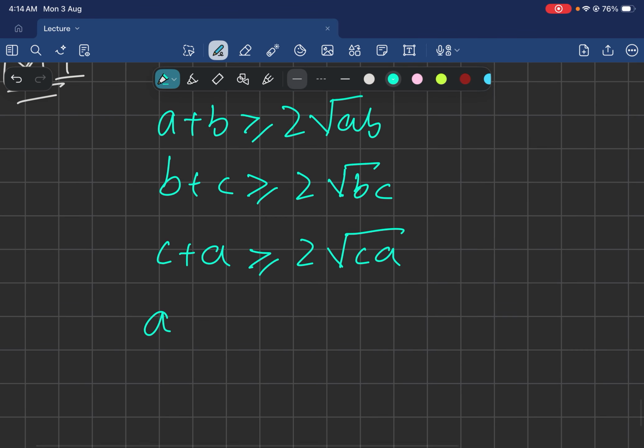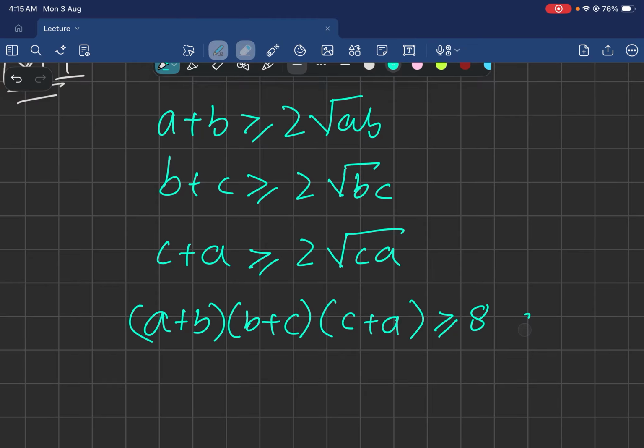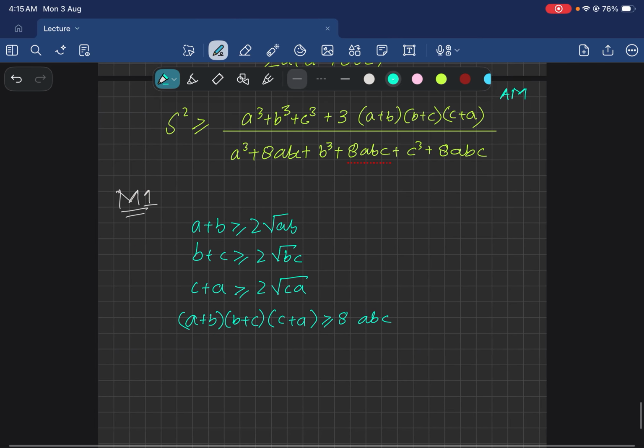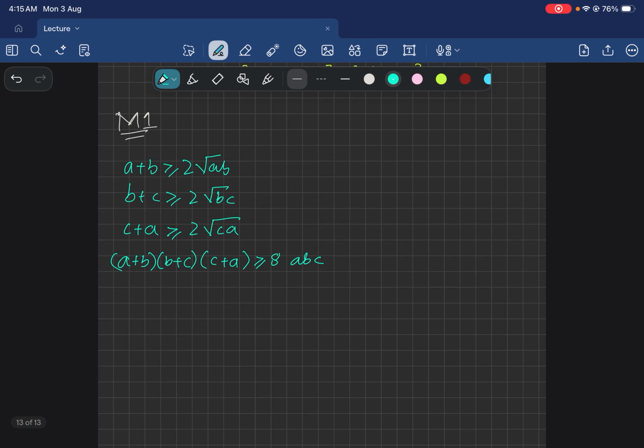So when I multiply all these, I get a plus b into b plus c into c plus a, and then you will get something like a square b plus b square c, a square c, b square c square, and this will leave me with 8abc, right? After doing a lot of AM-GM questions, I have memorized this and written it down for myself.